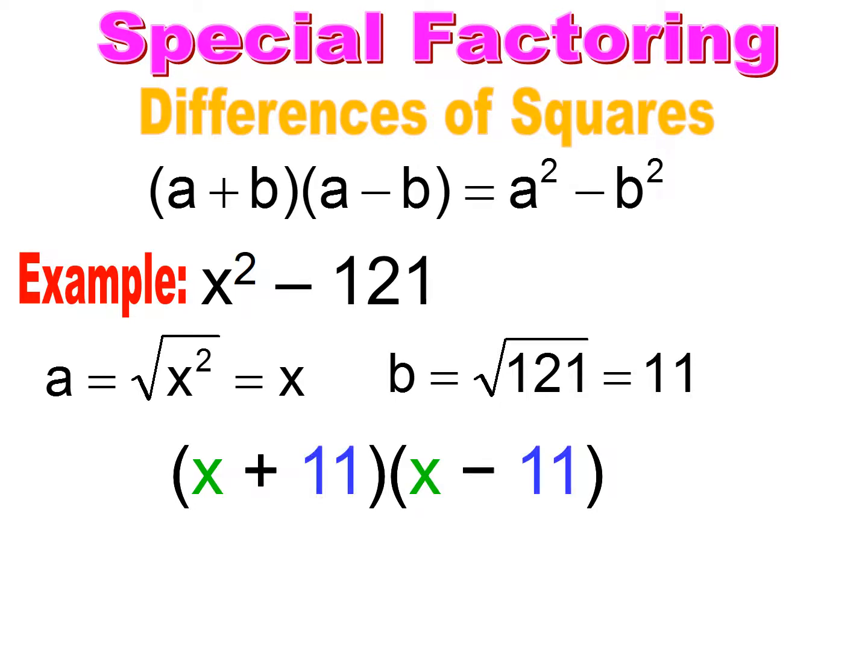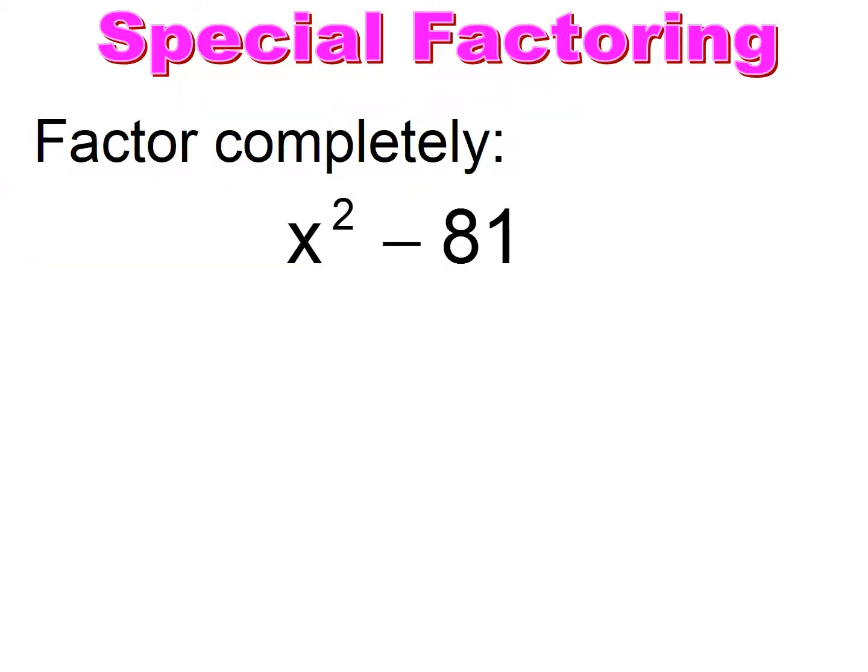So this is the sum and difference, and when I re-multiply it, I will get the difference of two squares. So when you're doing special factoring, keep this in mind. When you have an x squared minus a number and there's no b term or no middle term, you might have the difference of two squares. Pause and try.